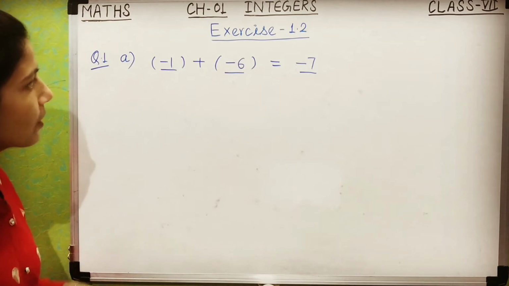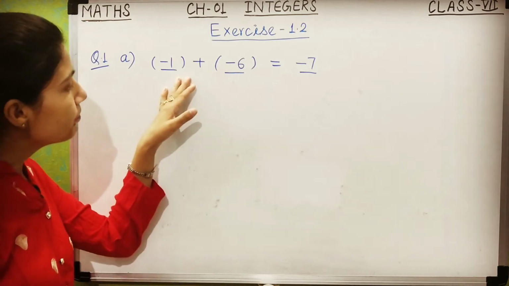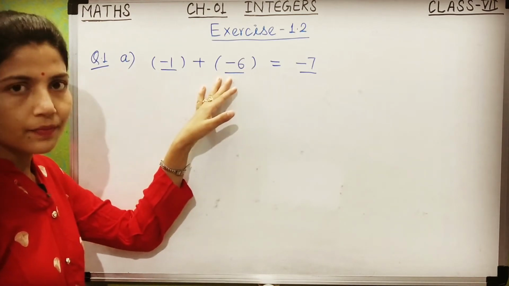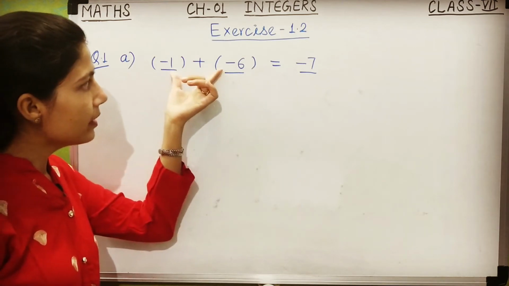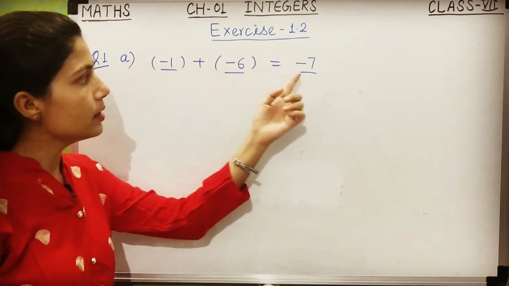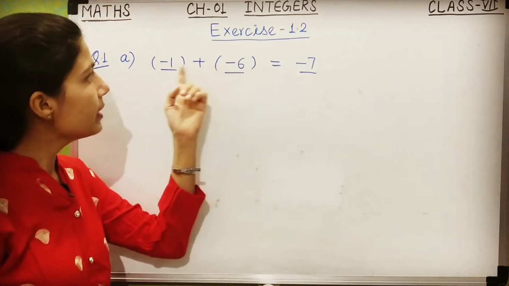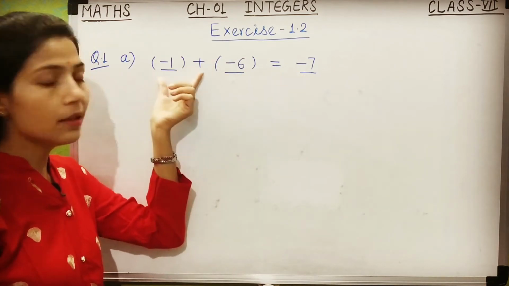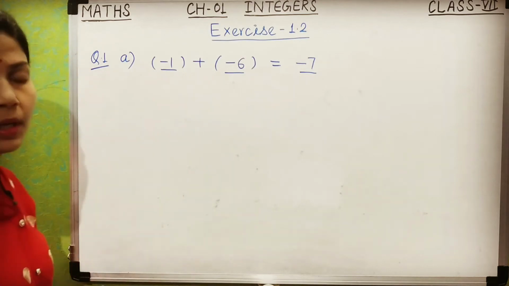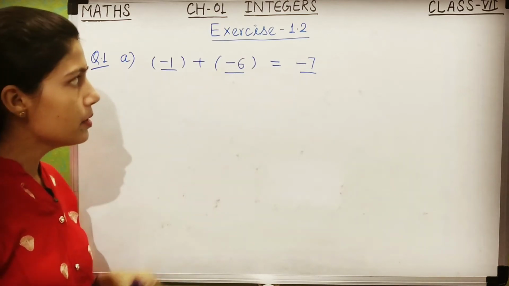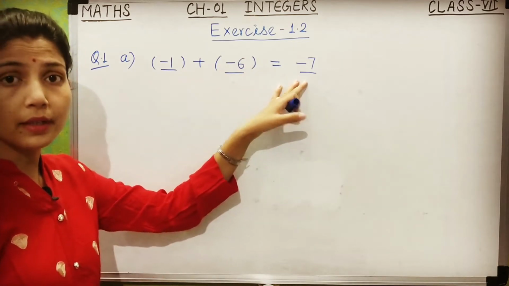Now see, according to the second rule of addition, if two integers are both negative, you have to just add the numbers, means 6 plus 1 is 7, and put the negative sign because both are negative. Okay, so like this you can make many more examples whose sum is minus 7.